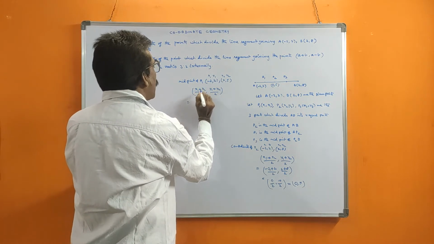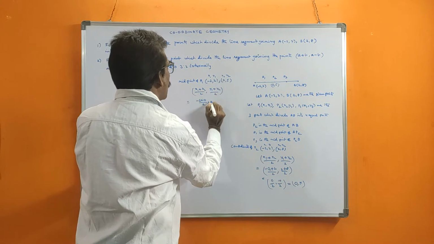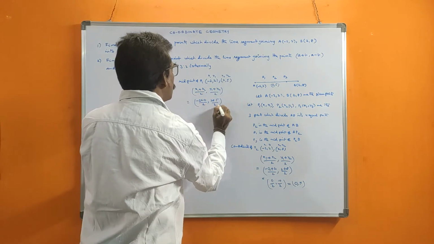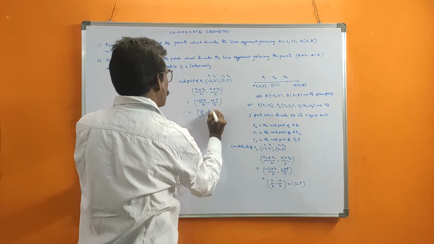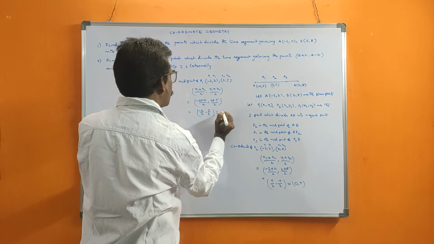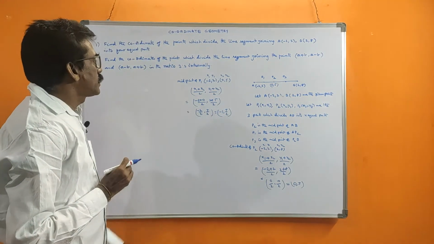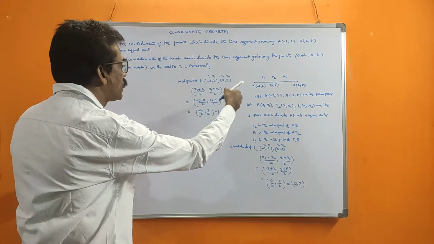Substituting the values: (-2 plus 0) by 2, (2 plus 5) by 2. That is -2 by 2, 7 by 2, which is -1 comma 7 by 2. This is the coordinates of P1. Now the coordinates of P2 are already calculated. Next, P3.